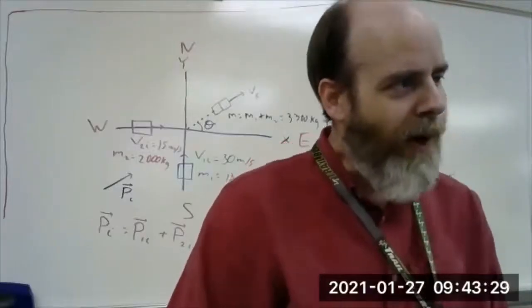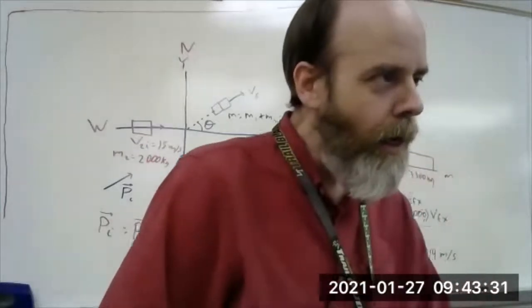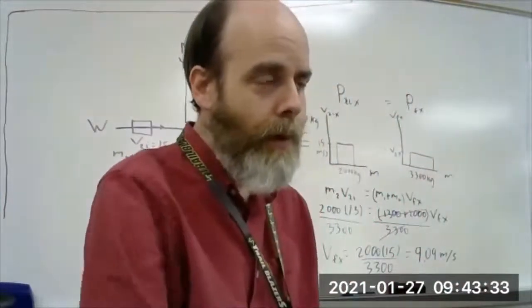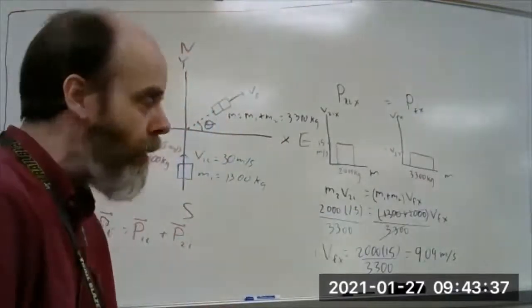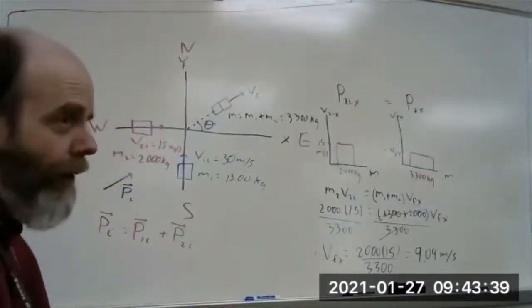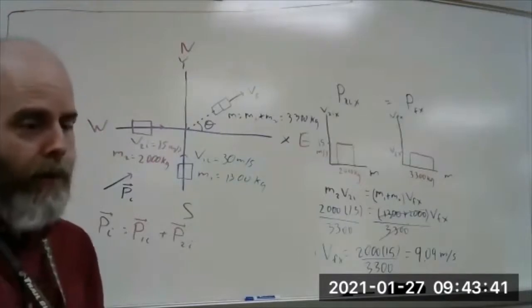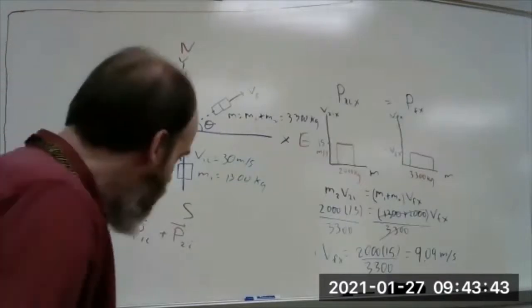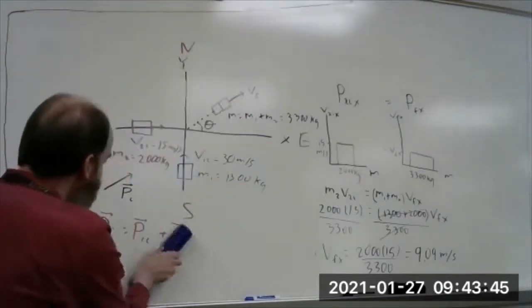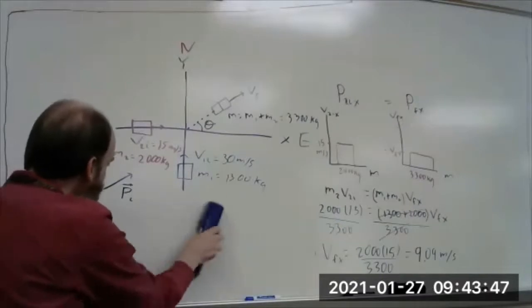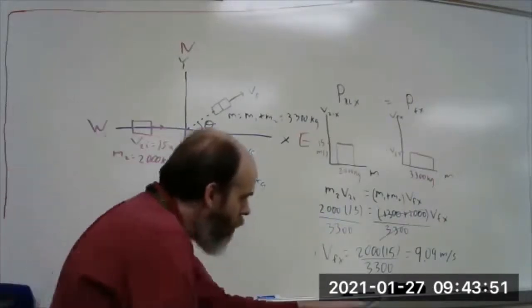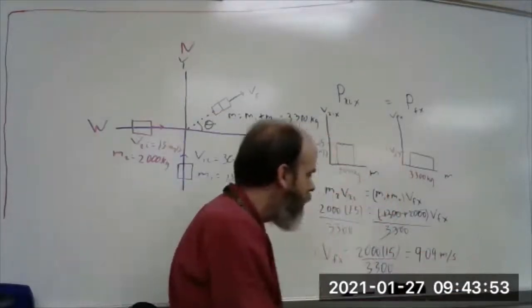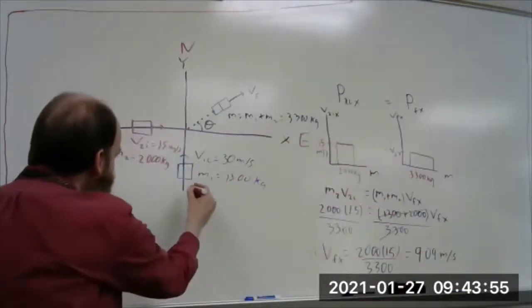So now we will solve the momentum equation in the Y direction. First, we will draw the momentum diagrams for the Y direction. Let's do it over here. This is still the south.